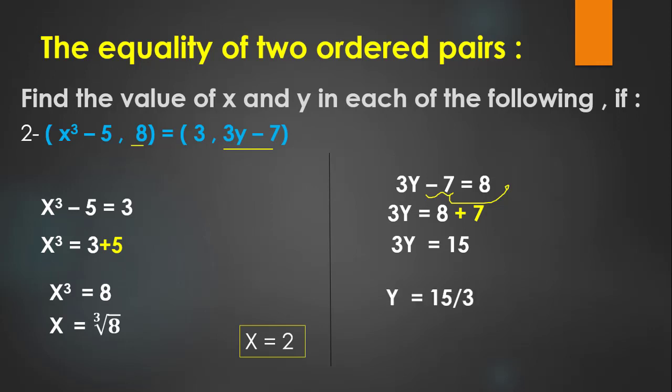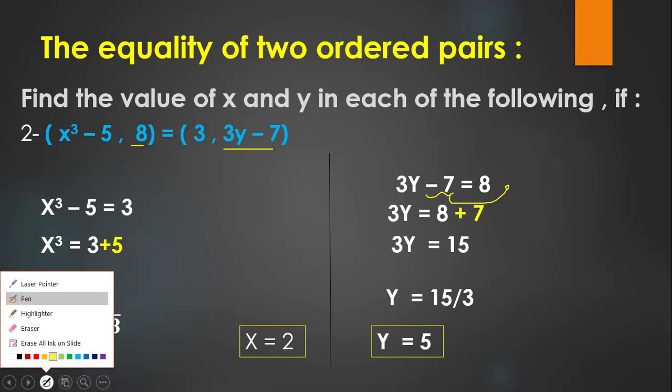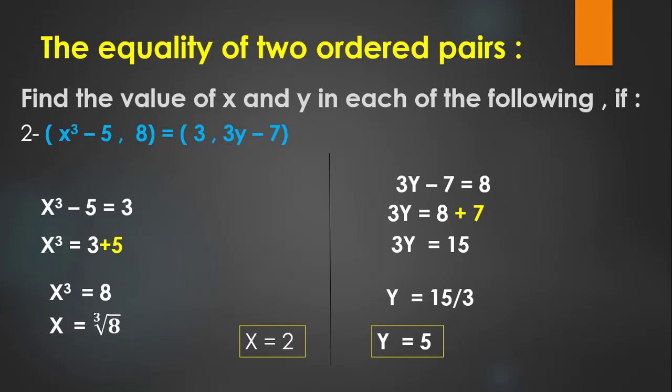So it will be 15 over 3, which is 5. Okay, so these are two equal ordered pairs. It means that the first projection in the first ordered pair equals the first projection in the second, and the second projection in the first equals the second projection of the second.